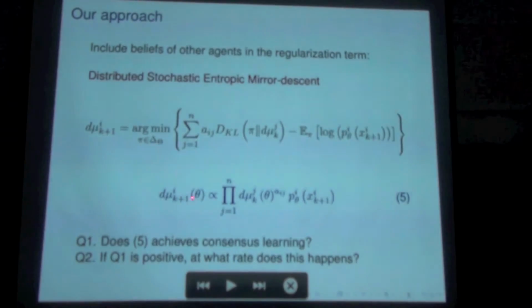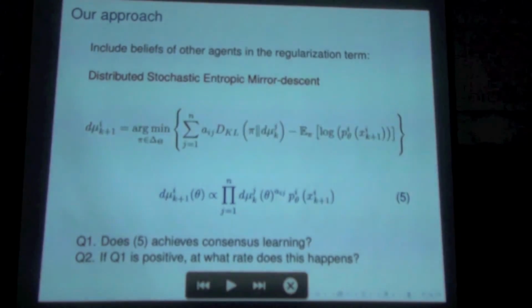So what is this? The belief of agent i at time k plus 1 is going to be, so first part is the same, the likelihood. And now, instead of the prior, I'm going to have a geometric average of the priors of my neighbors, weighted.